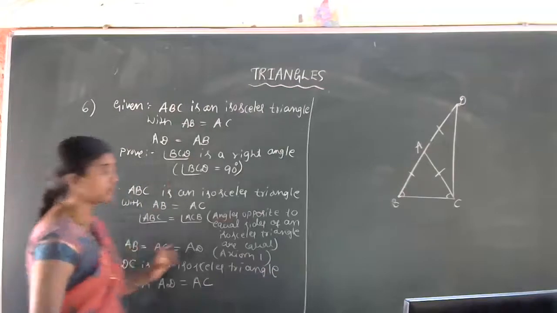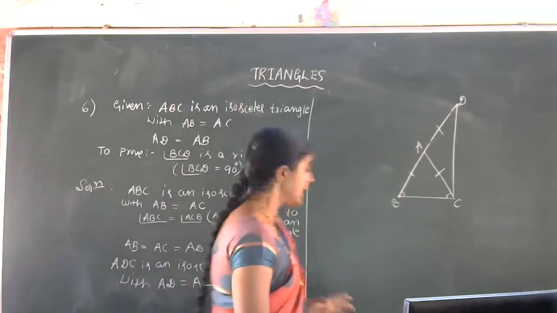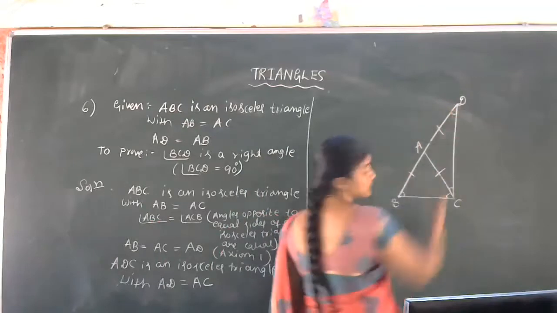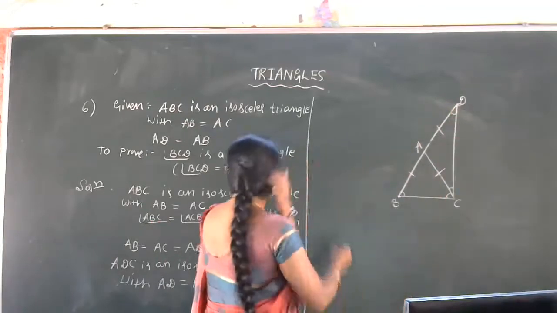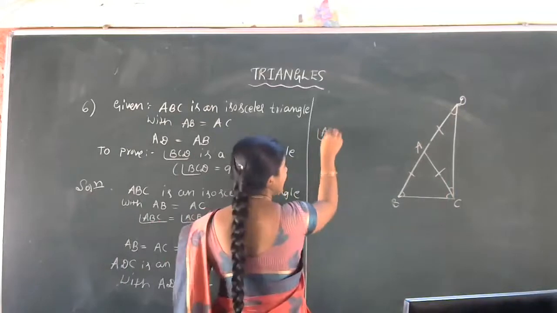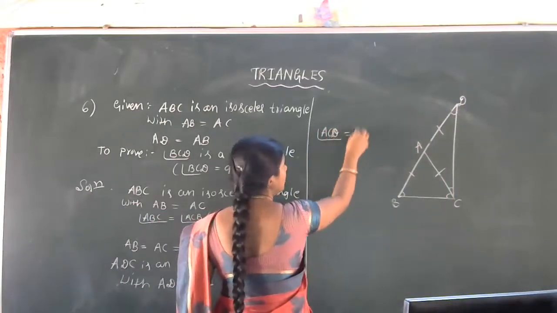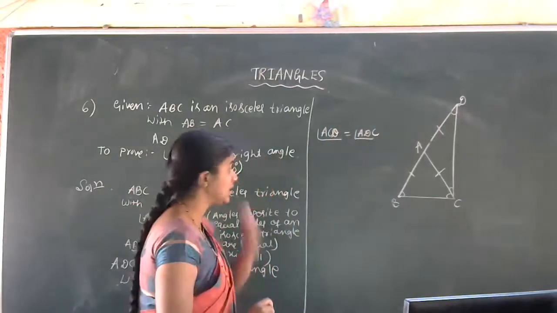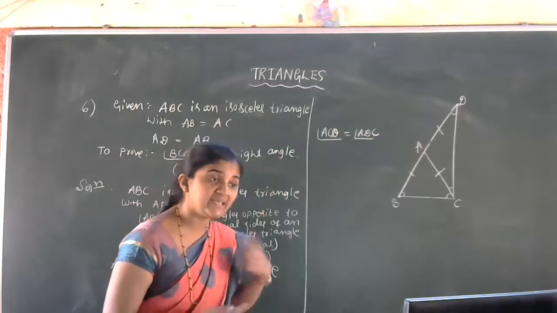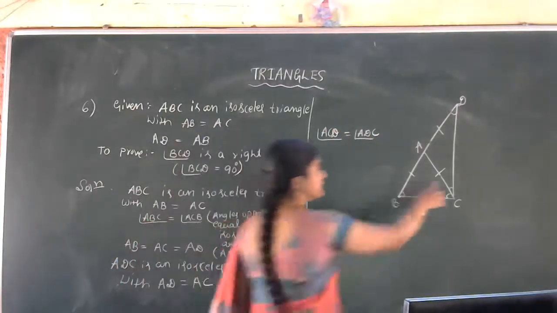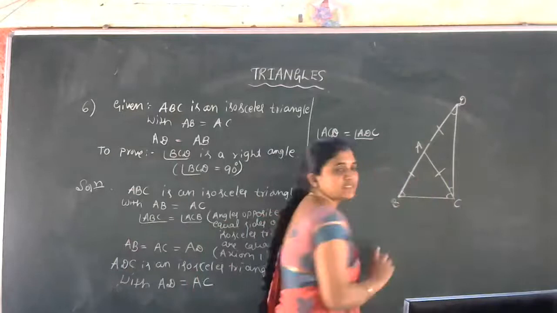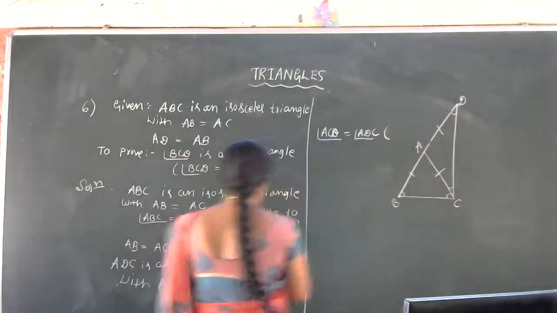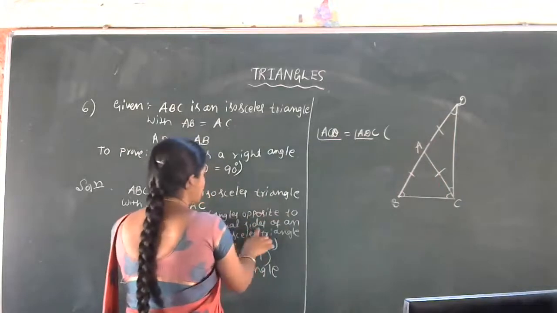Angle B we will take as angle ABC, it covers angle B only. Plus angle D we will take as angle ADC. Plus angle C, how can we write it? Angle ACB plus angle ACD is equal to 180 degrees.